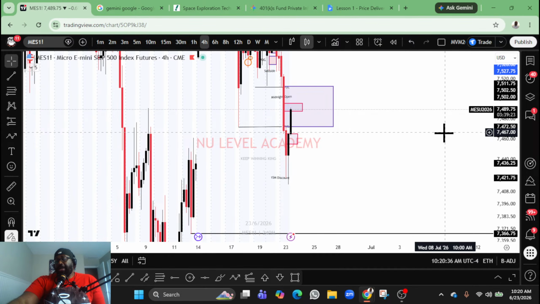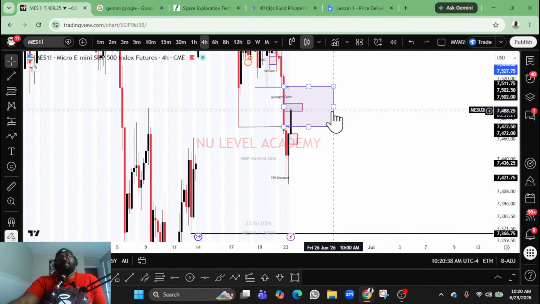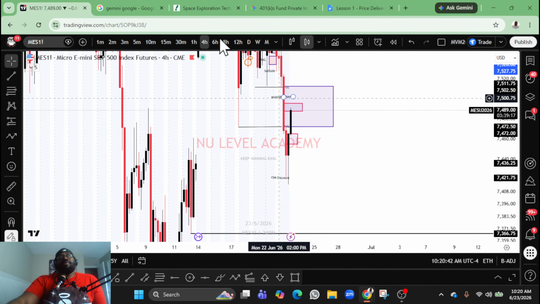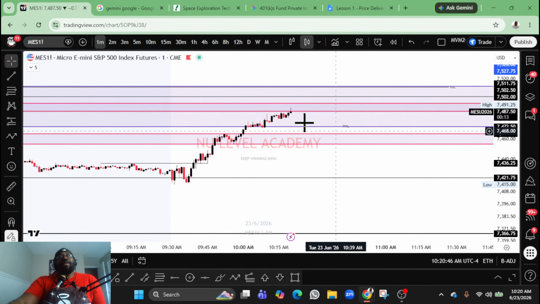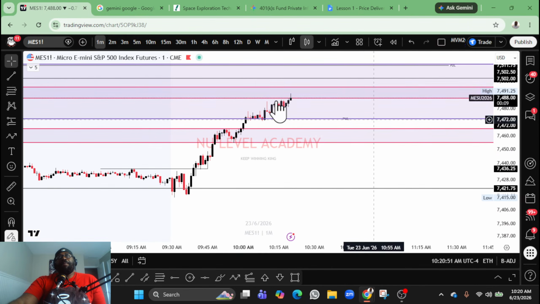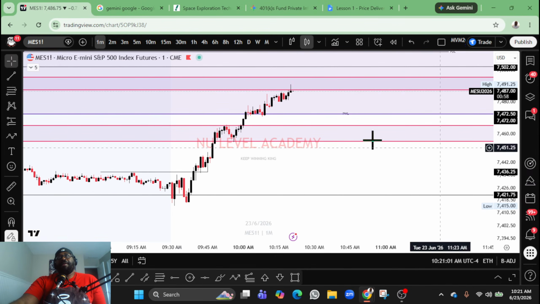Can I show a good ETF? Absolutely. So let's see, we might have an entry here. Look at how we inverted on that fair value gap. And we may have a reversal candle here. So let's see what we have here.